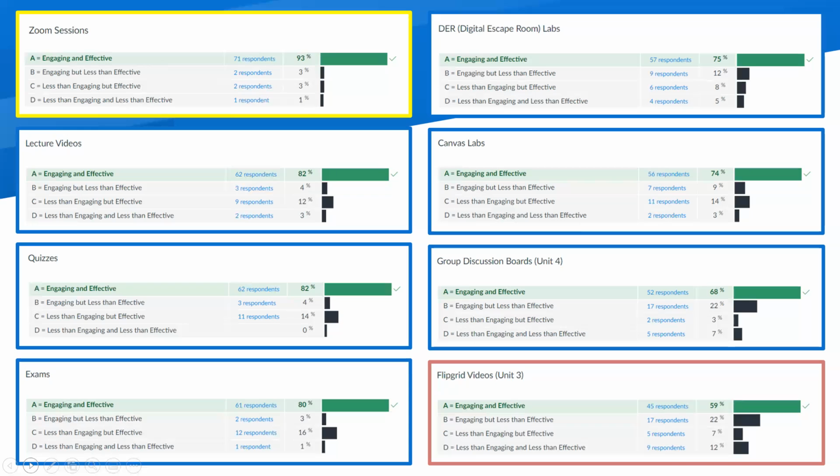And so 60% of them still felt that Flipgrid videos were engaging and effective. So I don't think it was a complete fail, and I probably will still continue to use Flipgrid videos in the future. But another confounding factor is that this was my first semester using Flipgrid, and so I had my own learning curve to figure some things out. That may have contributed as well. But anyway, if you go to the next slide.